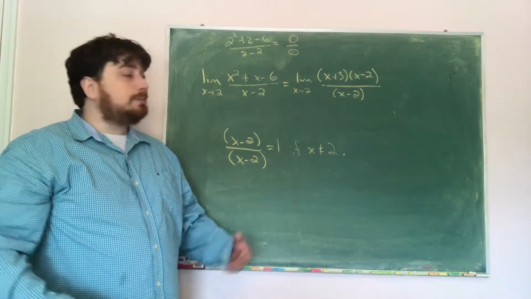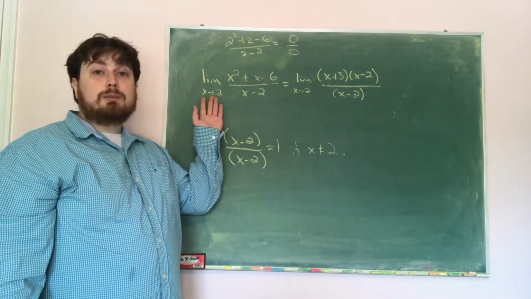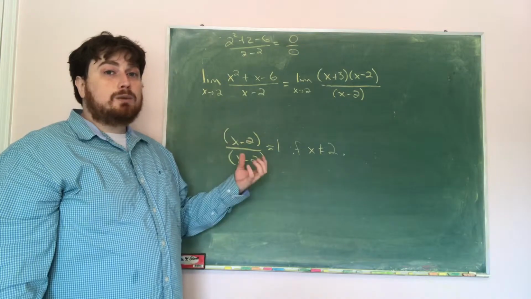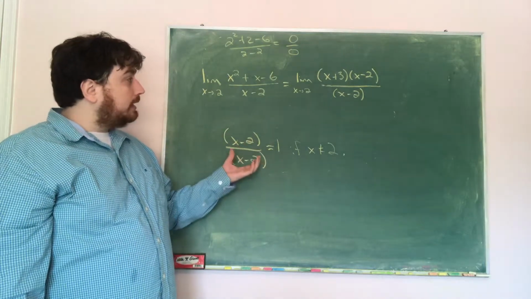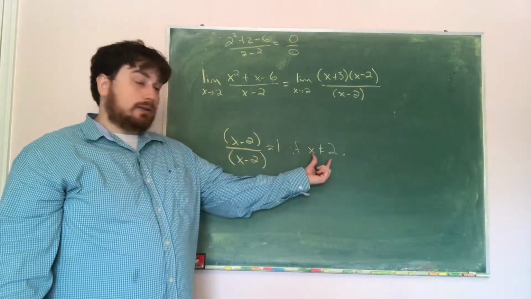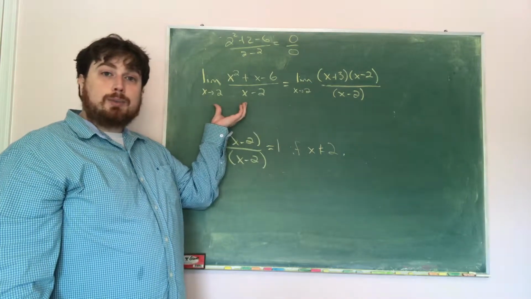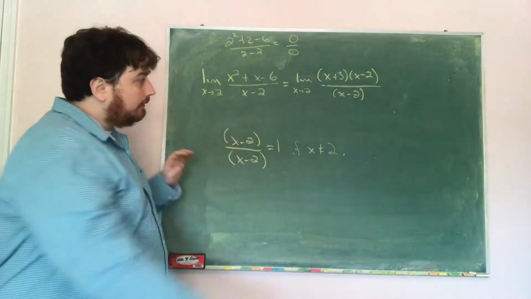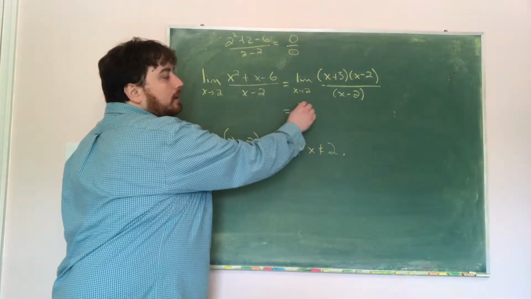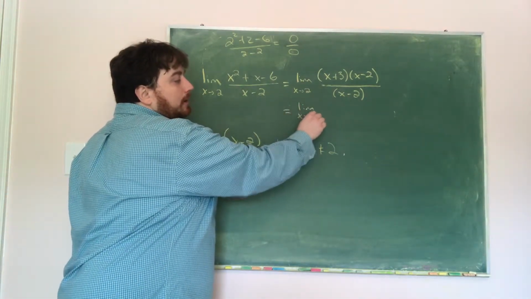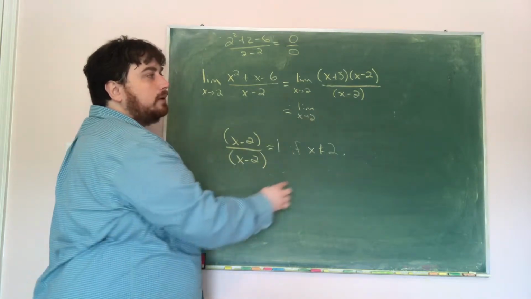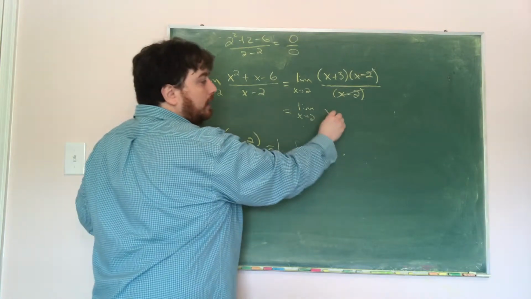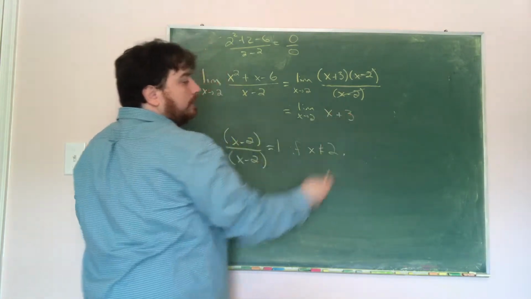The nice thing is because we're looking at limits, remember limits are defined as what happens as we get close to but not equal to 2, I don't actually care that these aren't equal at 2 because I don't care what happens exactly at 2. I only care what happens as I get close to 2. Therefore, because I'm getting close to but not equal to 2, the x minus 2 over the x minus 2 will cancel, and I'm just left with x plus 3.